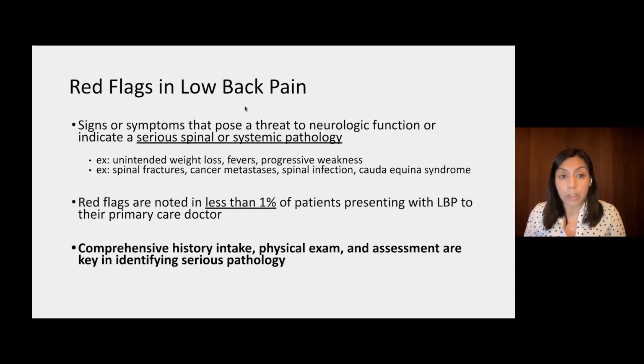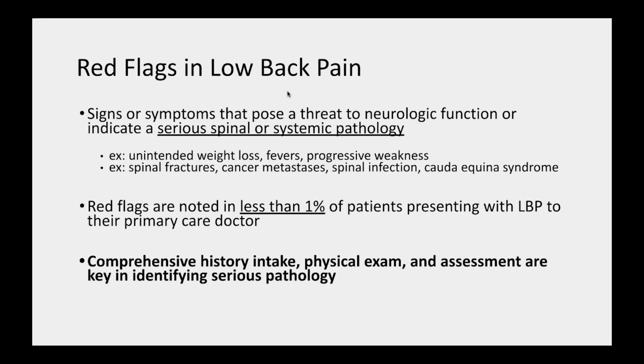So when we say red flags, we mean signs or symptoms that pose a threat to neurologic function, meaning strength, sensation, ability to walk, or indicate a serious spinal or systemic pathology. Examples of such symptoms can include unintended weight loss, fevers that are persistent, or progressive weakness.